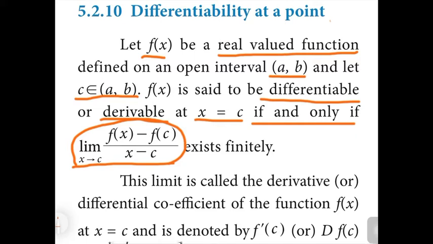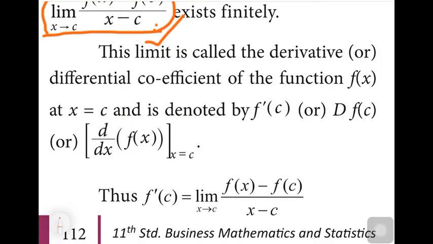So, if and only if condition: if f of x is differentiable, then it will satisfy this condition. Also, if the function satisfies this limit condition, then we can tell it is differentiable. This limit is called the derivative or differential coefficient of f of x at x is equal to c.